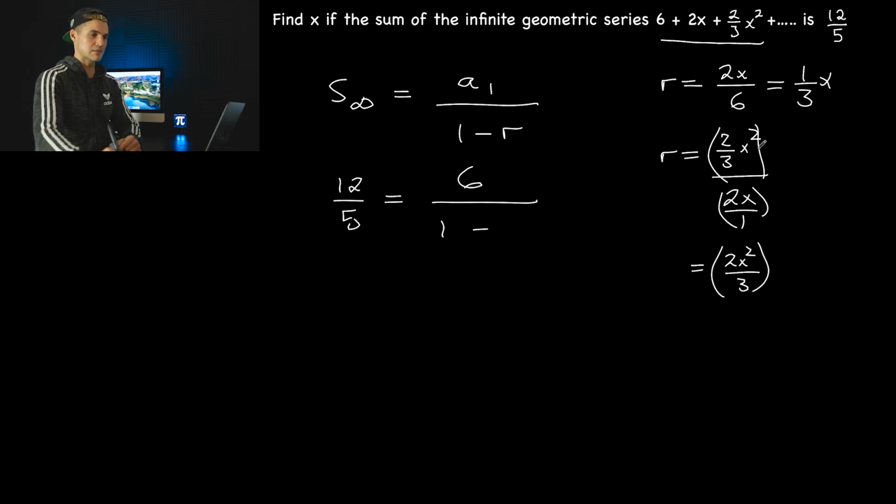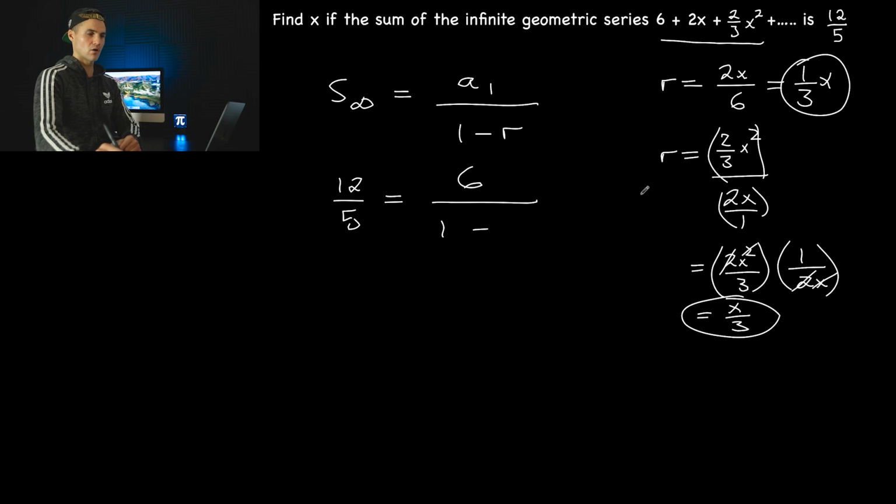We multiply it by the reciprocal of the other one, which is 1 over 2x. The 2's cancel out, this x cancels out, so we're left with an x at the top. We get x over 3, or 1 over 3x. Both of these are the same thing, so whichever one you use, that's the common ratio.